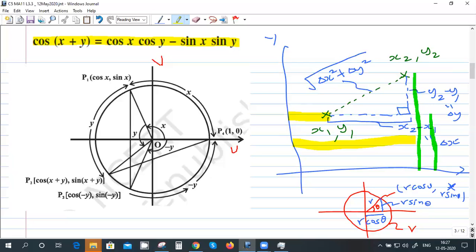What do you notice in this formula? On the top, we have this formula, the identity. So on the left side, what do you see? Cos x plus y. So what is the difference between the left side and the right side?